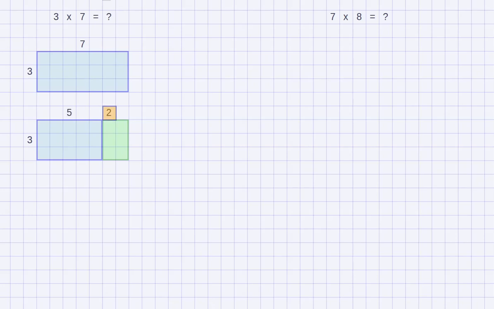So basically 3 times 7 equals 3 times 5, that's the blue area, plus the green area here, which is 3 times 2, or 3 by 2. So it's made up of smaller chunks.